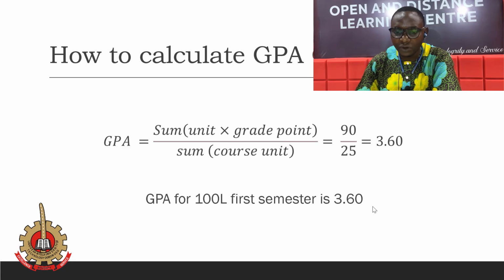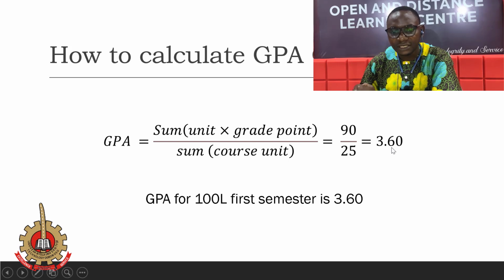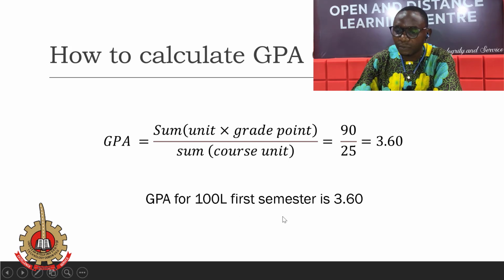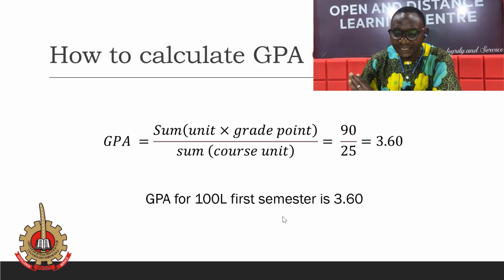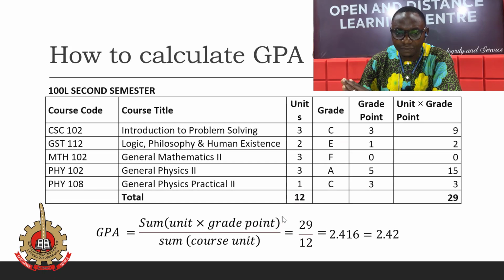And the total units that you have registered for is 25. So if you divide 90 by 25, you are going to have 3.60. So what this means is that your GPA at the end of 100 level first semester is 3.60. That is how to calculate GPA.